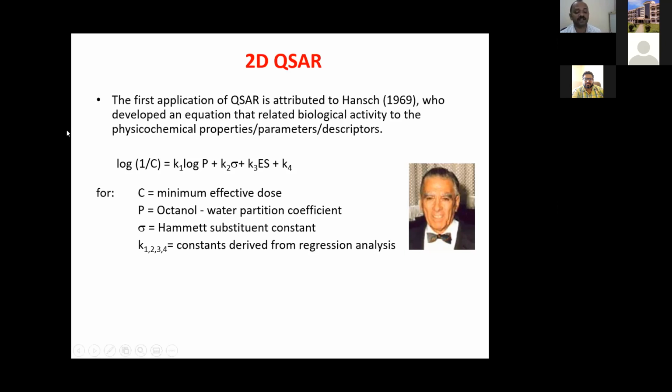So by looking at the structure, if we calculate the physicochemical parameters, using a computer or manually, and fit them to that statistical equation, we can always predict the activity of that particular drug structure, even before synthesis. With 2D QSAR itself we are able to design.